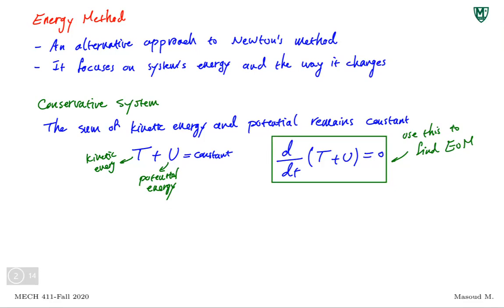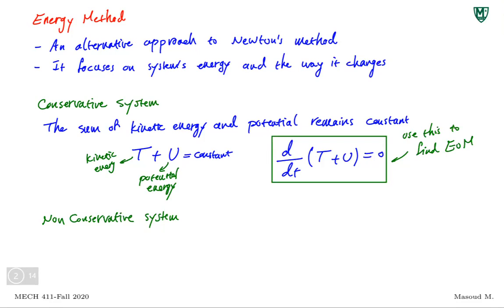Now, what happens if we have damping? We've seen systems with damping. So how can we use the energy method to find the equation of motion for those systems? For non-conservative systems, all you have to do is add the work done on the system by that non-conservative force to this equation.